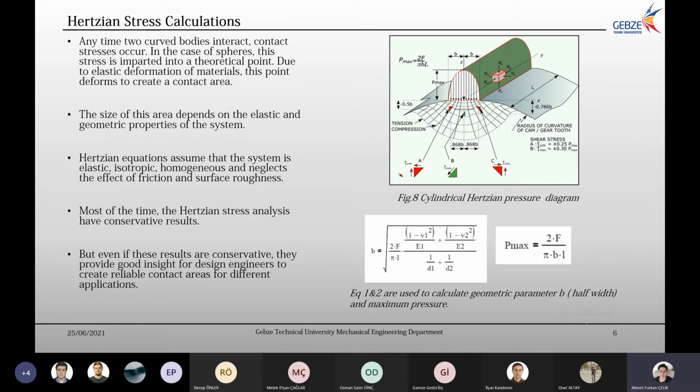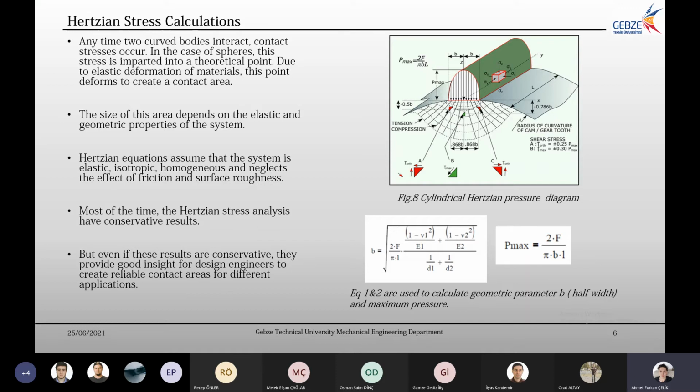All right, here's a little summary of Hertzian stress calculations. They are actually based off fundamental mechanics, and they are used in these analyses, and they actually have more conservative results than finite element applications, the computational ones, but they are okay for my study because I will try to calculate similar results to what I have seen in the papers and the literature.